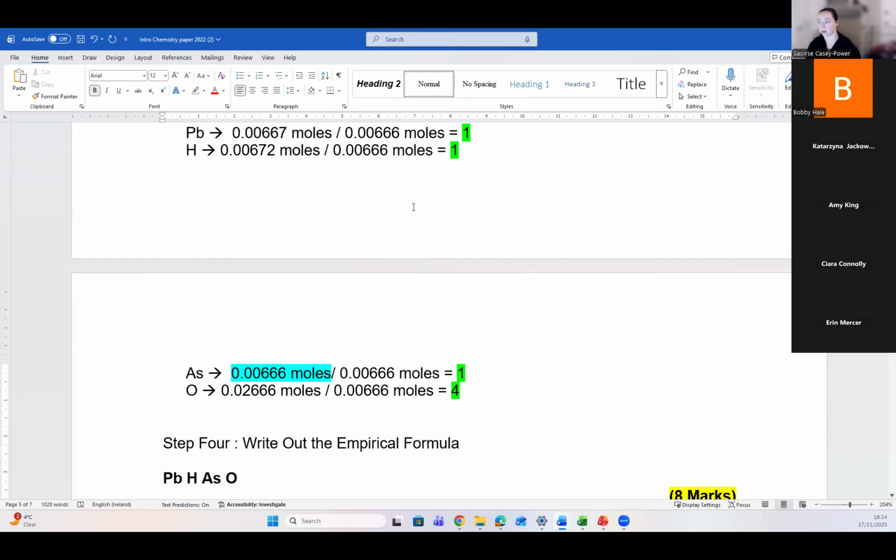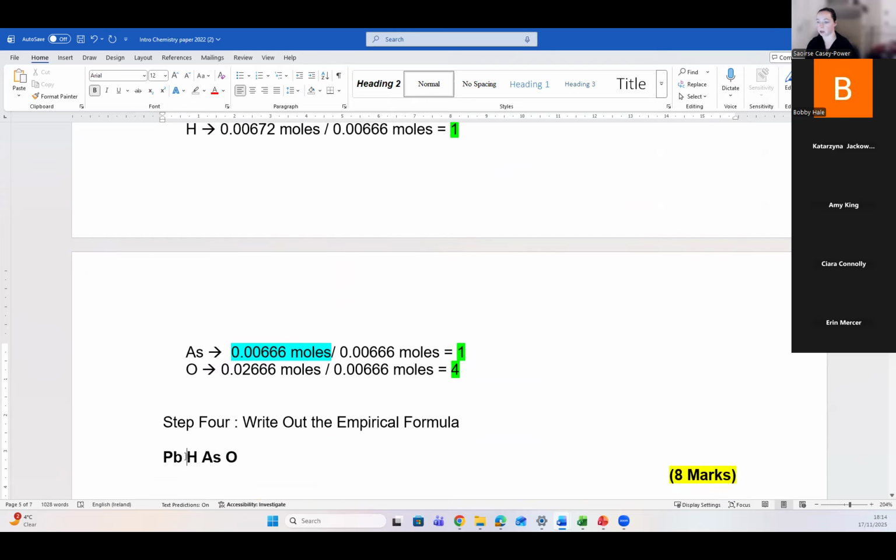Where these mole amounts now come into play is that we write them as subscripts next to each element. For lead, we had 1. Hydrogen, 1. Arsenic, 1. And oxygen, 4. Then to tidy that up, we just get rid of the ones, so it will be something like this.